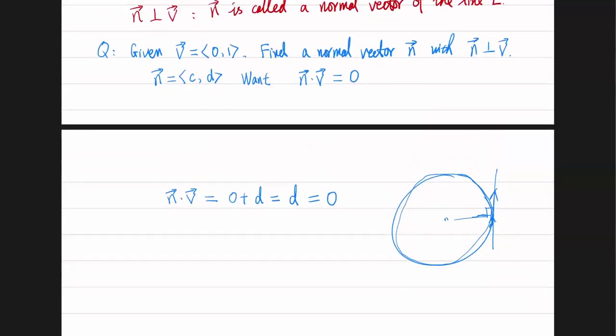So it's a normal vector whenever d is 0. In particular, we can pick c to be any non-zero number.